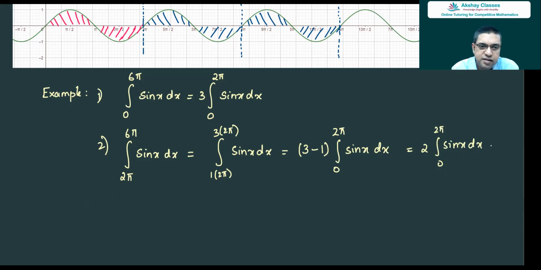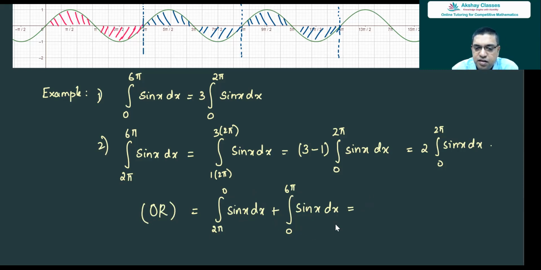So here you can see 0 to 6 pi. In other words, we can write this way also. I will write this as integral 2 pi to 0 sin x dx plus integral 0 to 6 pi sin x dx, correct? Why? Because I can use any point within or outside.